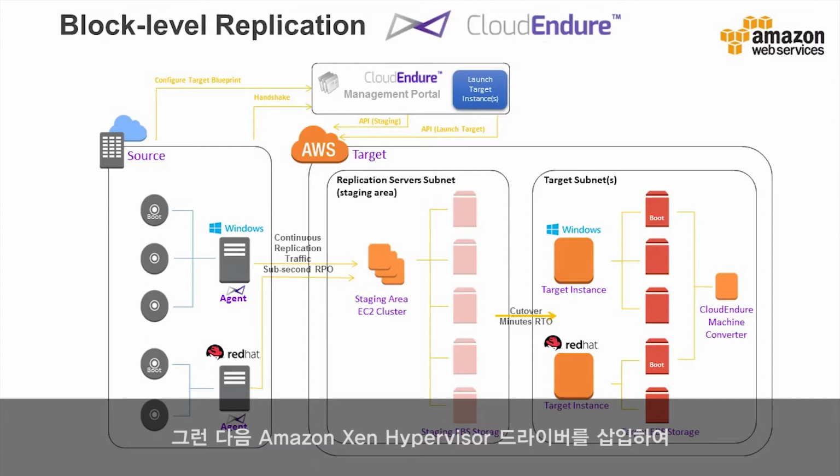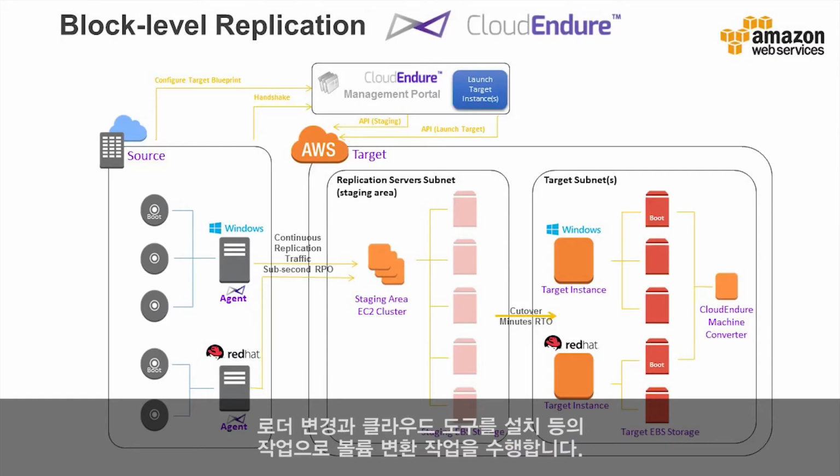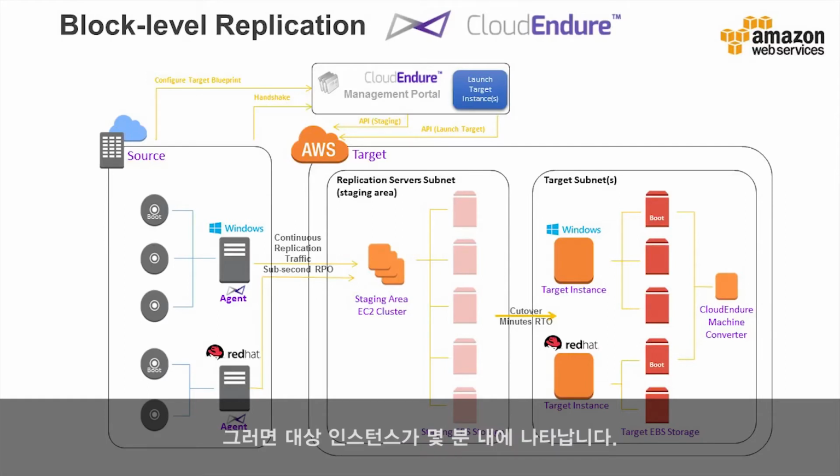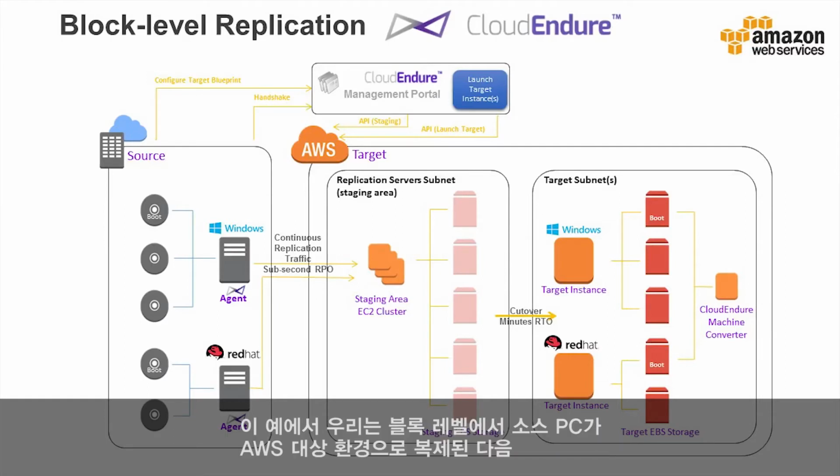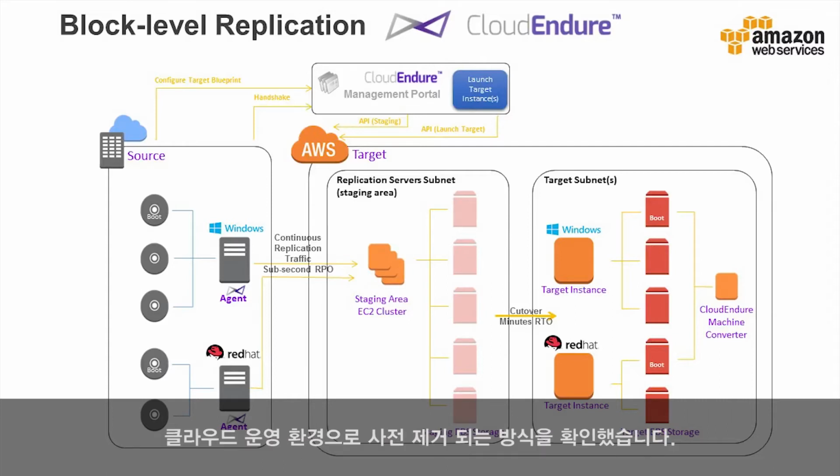It then performs conversion of boot volumes by injecting the Amazon Xen hypervisor driver, making bootloader changes, installing cloud tools, etc. It brings up target instances in a few minutes. From this example, we can see how the source machines are replicated at block level to the AWS target environment, and then cut over to production in the cloud.